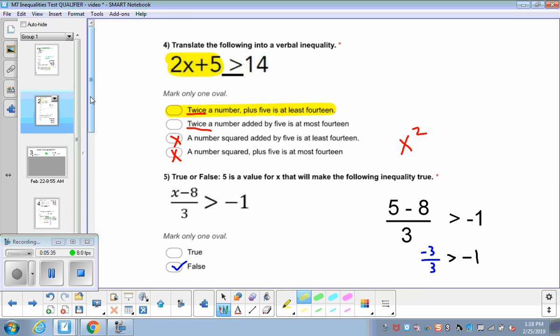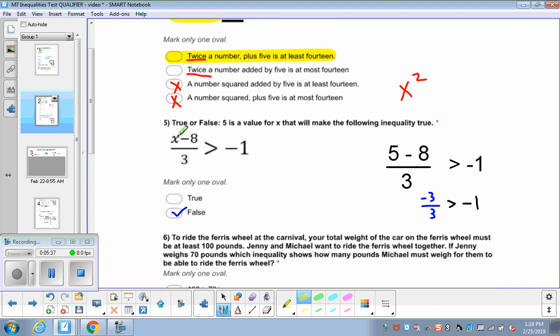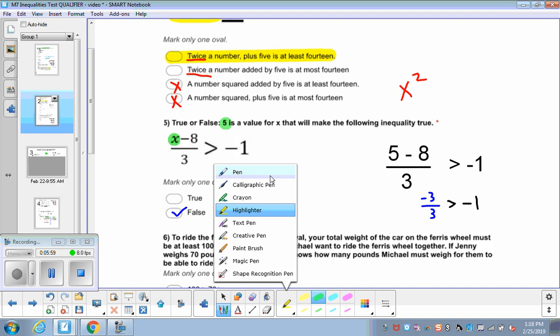Now for the next one, where we have this x minus 8 all over 3 is greater than the negative 1. All you really need to do for this true or false question, if it's asking if 5 is a value that will work, is plug in the 5 right there. So 5 minus 8 is negative 3. Negative 3 divided by 3 is negative 1.